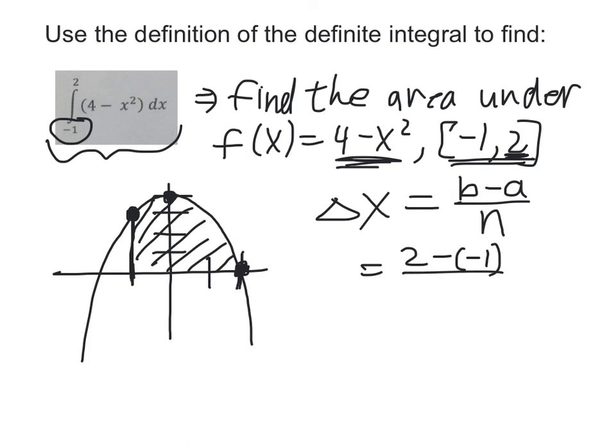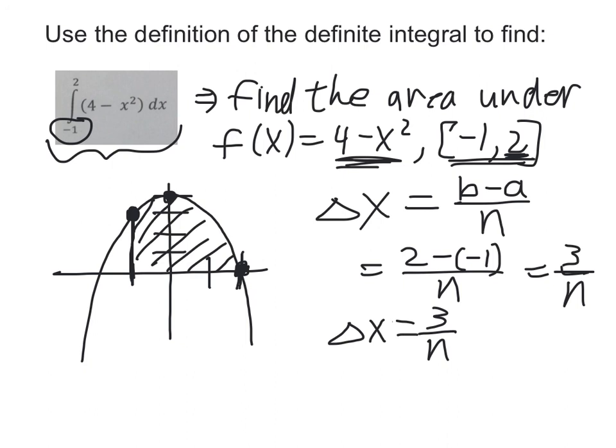But in this case, we're going to generalize the number of rectangles and take that off to infinity. So let's just leave it in terms of n for now, and delta x is going to be 3 over n.